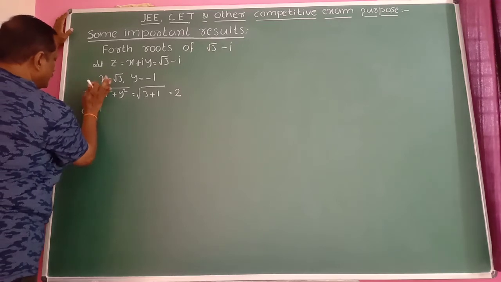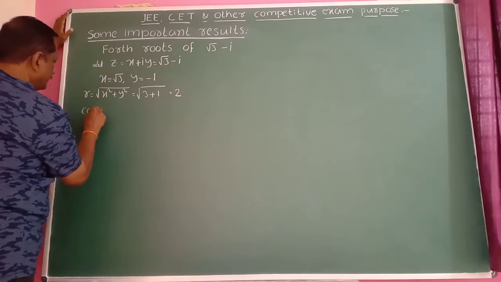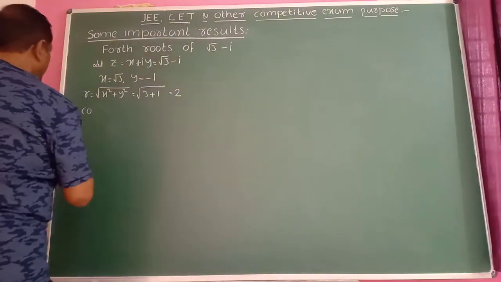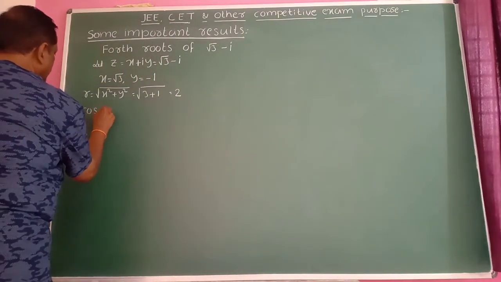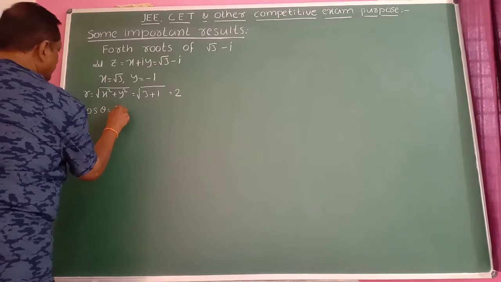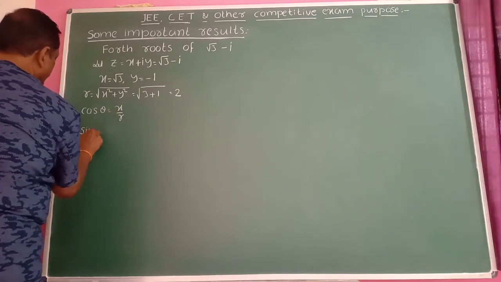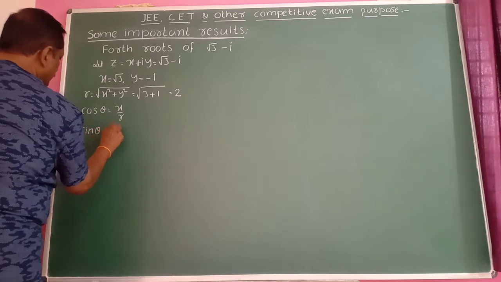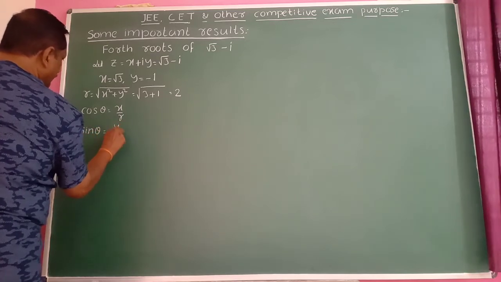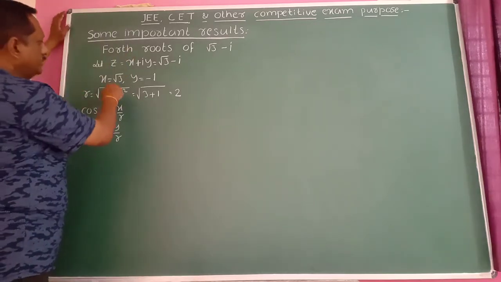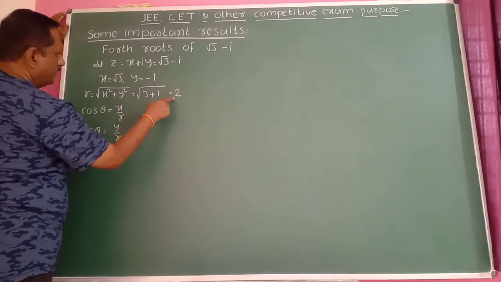Then cos theta is x divided by r, and sin theta is y divided by r. In this case, x is root 3 and r is 2.